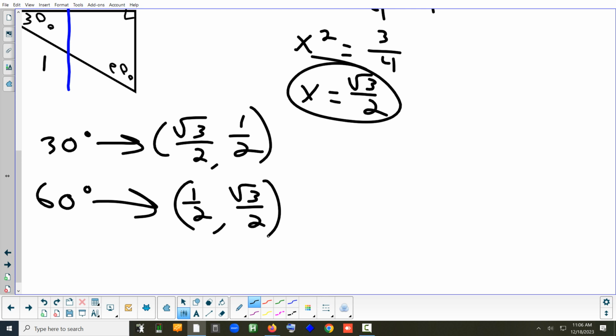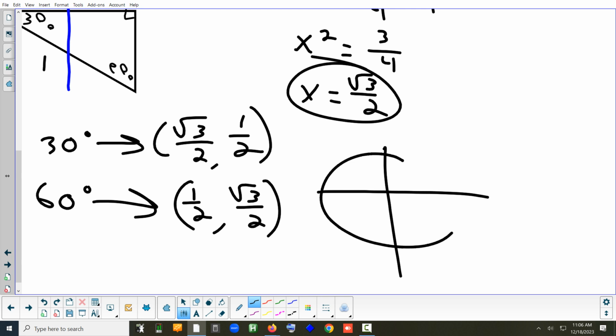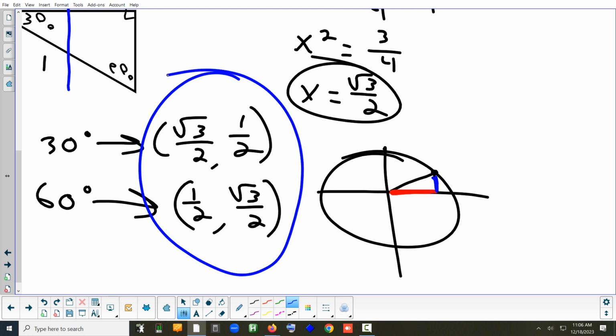All right. So as long as you draw your triangle, like 30 degrees, somewhat accurately, you should be able to tell which side is the long side and which side is the short side. Short side is always a half. Long side, root 3/2. There's really only two numbers to remember there, root 3/2 and a half.